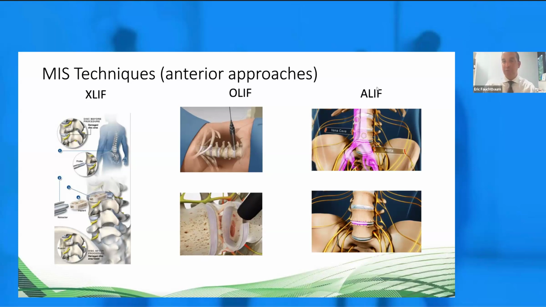And finally, ALIF or anterior is the most frontal approach. We're able to access the bottom two discs very reliably. Typically, this procedure is performed with a vascular surgeon who's skilled in helping spine surgeons perform this procedure. These pink structures here are actually the blood vessels.